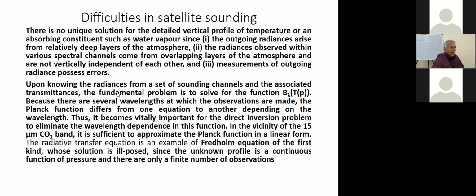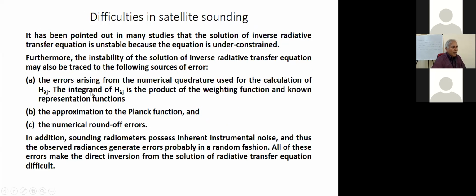Because of all these things, there are inherent difficulties in retrieving the temperature profile. There are other issues. This is an example of a Fredholm equation of the first kind, whose solution I will now quickly show. This is the same thing I'm writing. There are very different methods to obtain the temperature profile.